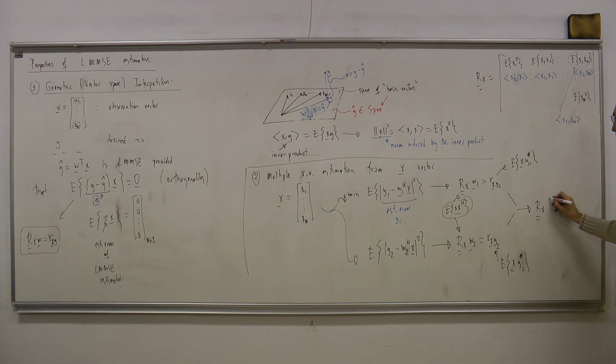So this is Rx matrix, W1, W2. Then let me write this as Rx Y1, Rx Y2. Okay.